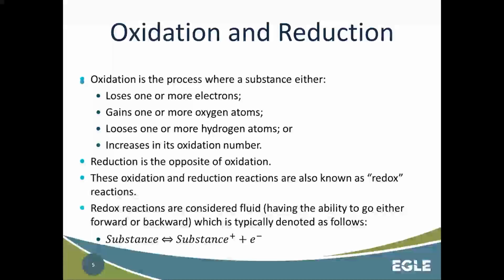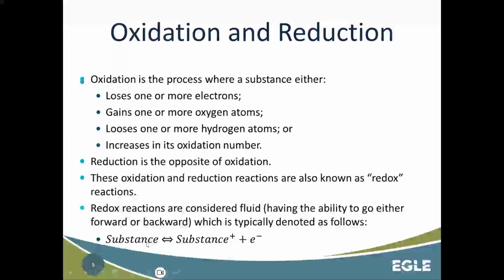Oxidation is the process where a substance either loses one or more electrons, gains one or more oxygen atoms, loses one or more hydrogen atoms, or increases in its oxidation state number. Reduction is essentially the opposite of oxidation. Why those things go together, oxidation and reduction, is what we typically refer to in the chemistry world as redox reactions.